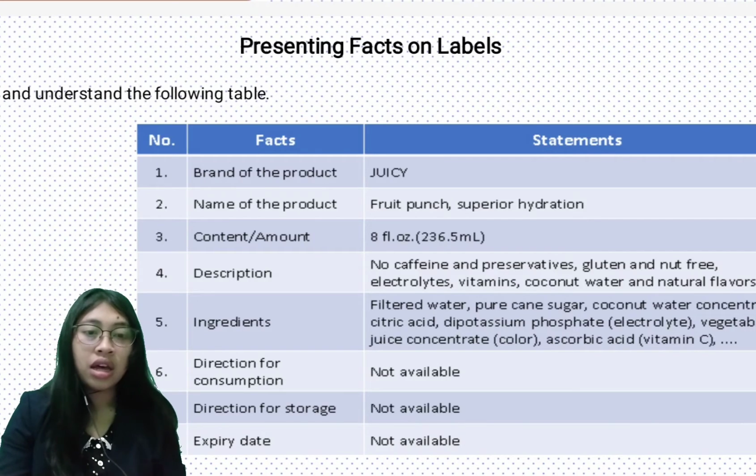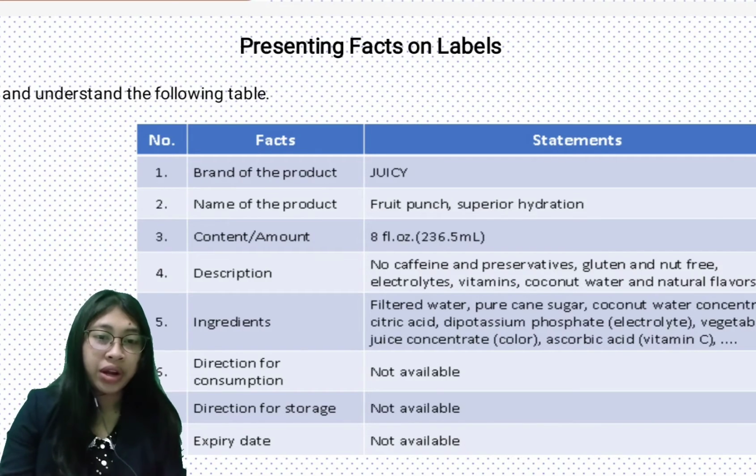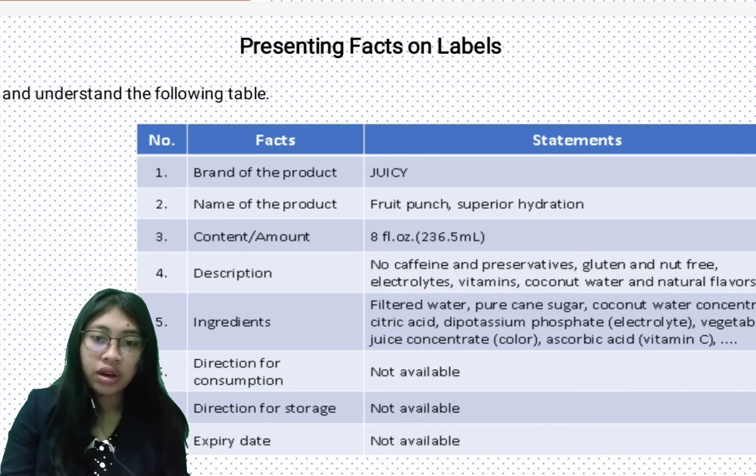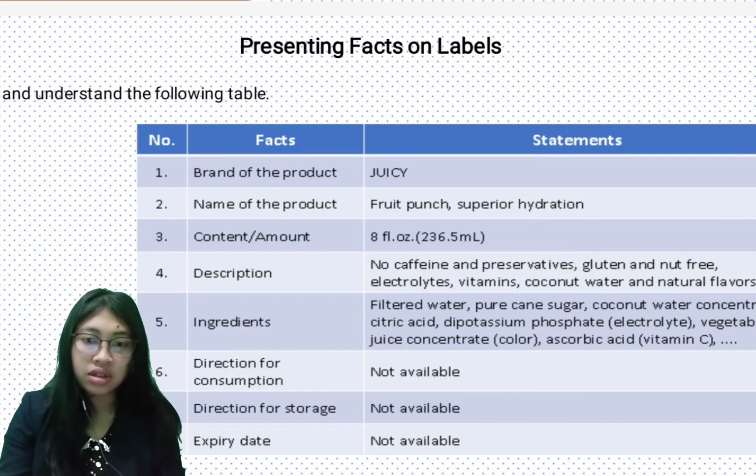The first is the name of the product, JC. The name of the product is Fruit Punch Superior Hydration. The contents and description: no caffeine and no preservative, gluten and nut free.